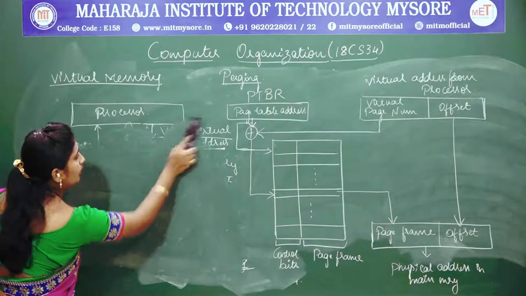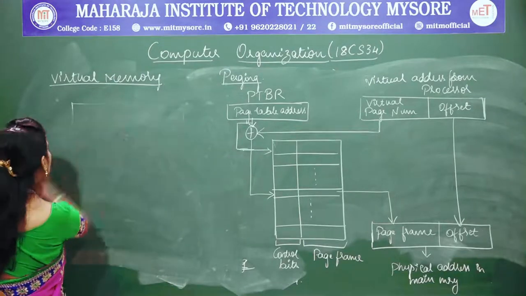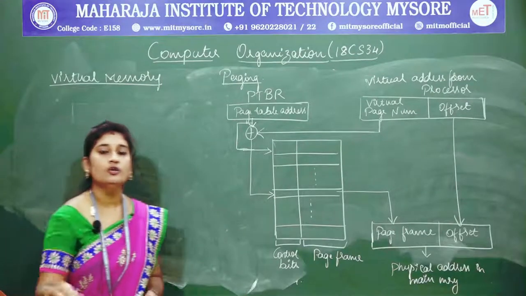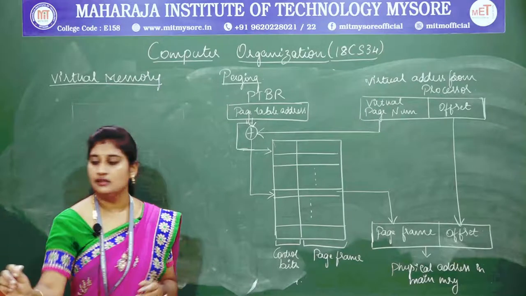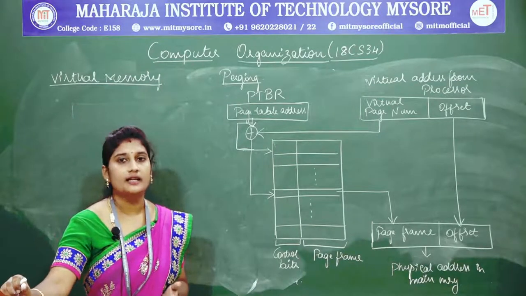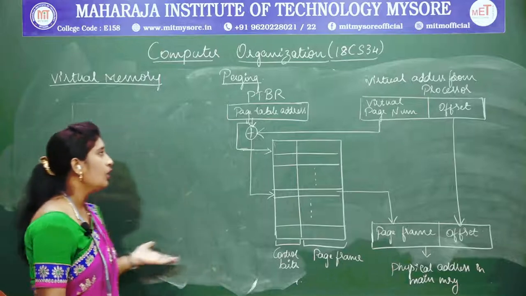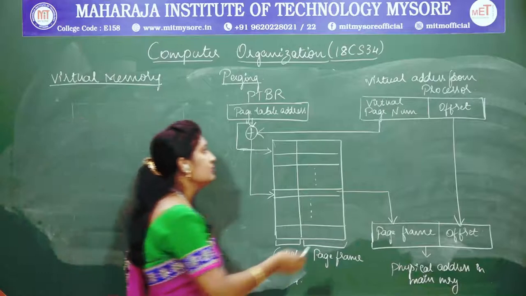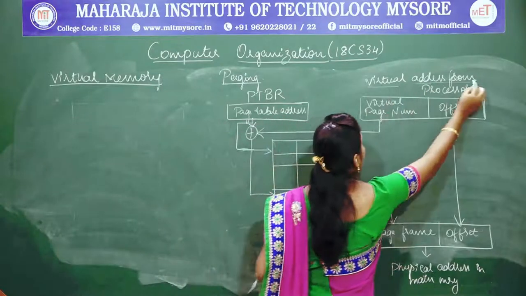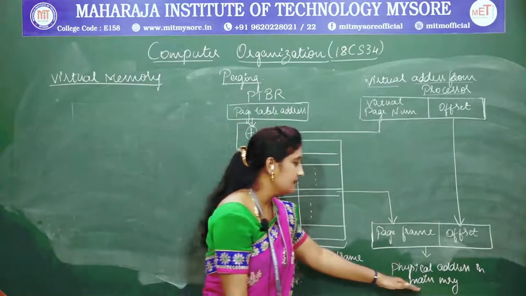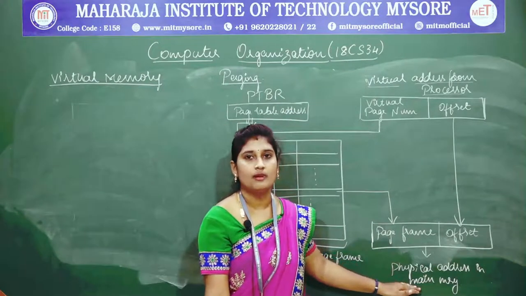So now let's look at how this paging technique works. As I already told you, paging increases the speed between the main memory and the secondary memory. In the paging technique, the virtual address generated by the processor should first be converted to the physical address of the main memory.